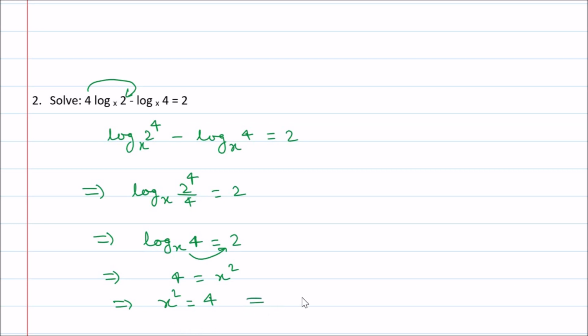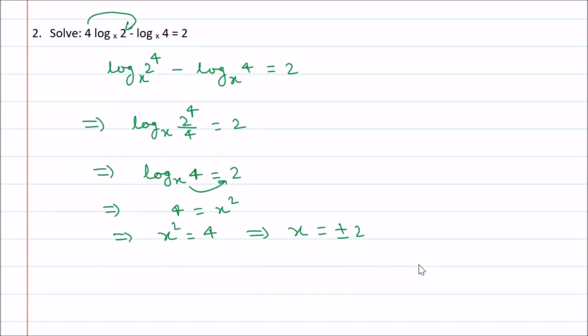So this implies that x equal to plus minus 2, right? Once again, we have got two values, x equal to plus 2, x equal to minus 2. Let us check whether it will work or not.